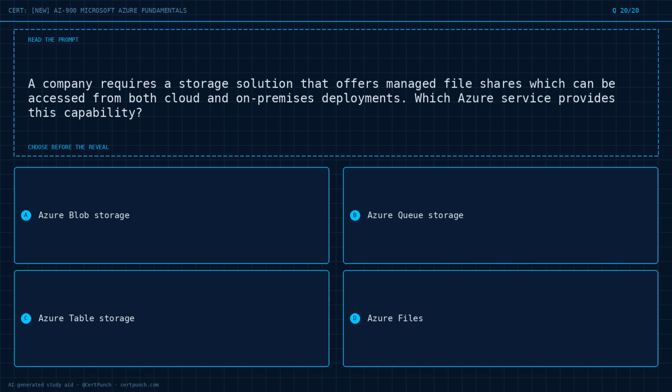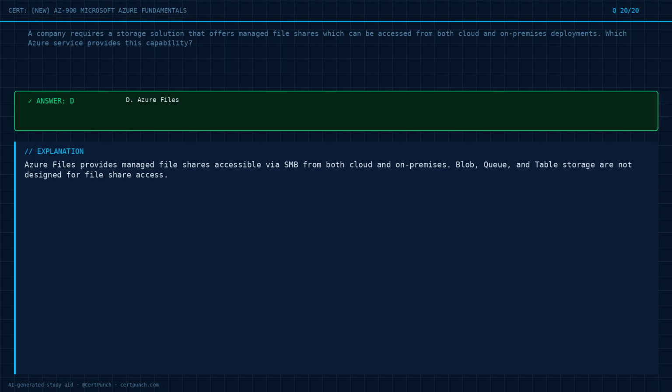Option D, Azure Files. Choose the best answer before the reveal. Commit to it now. The answer is option D. Exam logic. Azure Files provides managed file shares accessible via SMB from both cloud and on-premises. Blob, queue, and table storage are not designed for file share access.